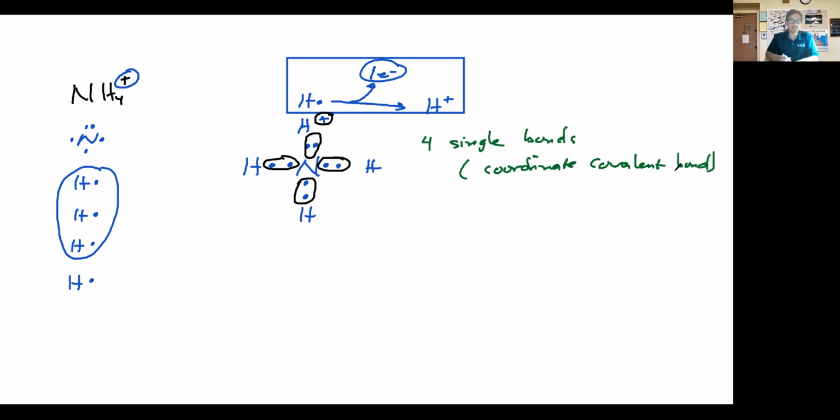What we do with the coordinate covalent bond is show how 2 atoms can be bonded to one another, and only one of the atoms contributes the electrons. So we know that ammonium does have 4 single bonds, and we'll talk about how we know this empirically, what data we have to suggest this, in just a moment. But that is how the ammonium ion forms, and that is how polyatomic ions form as well. We'll talk about these polyatomic ions again in just a moment.